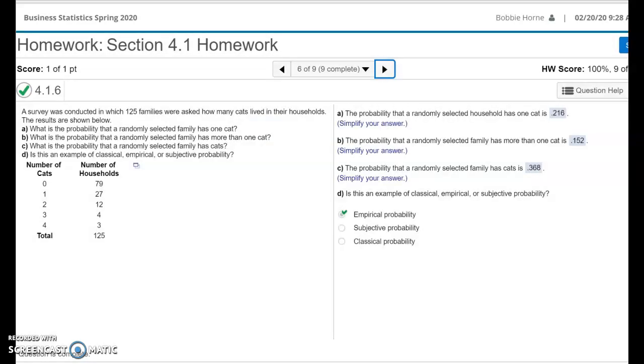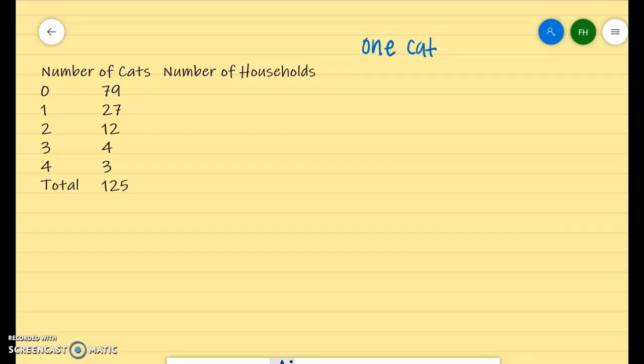Okay, for number 6, we're doing a survey, and this looks like empirical probability because we are observing the results ourselves. So we're taking the information we have, and we're finding the probability of different scenarios. If you look at A, it wants to know the probability that a randomly selected household has one cat. For one cat, there are 27 households.